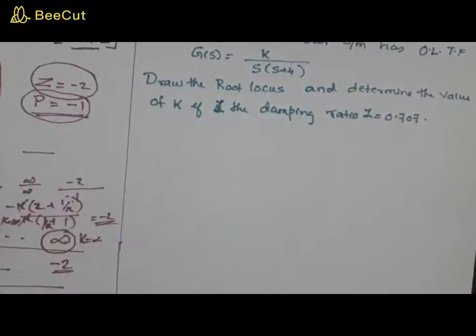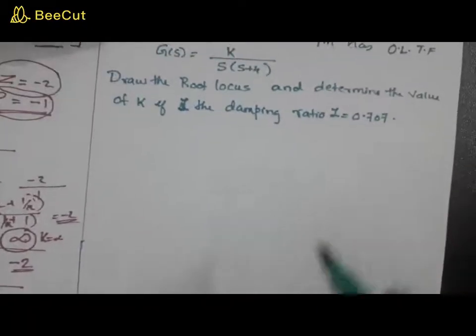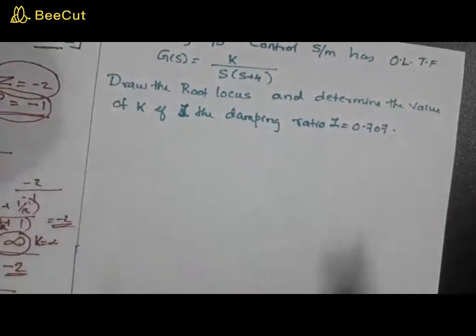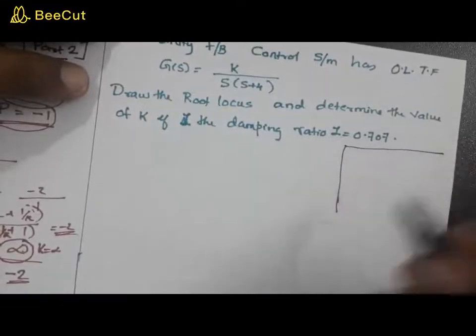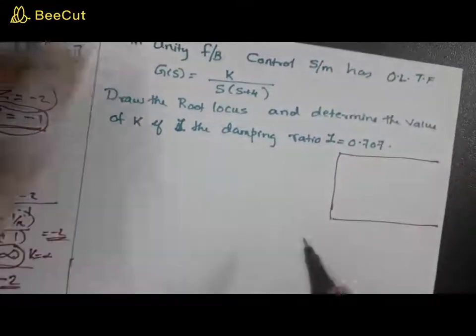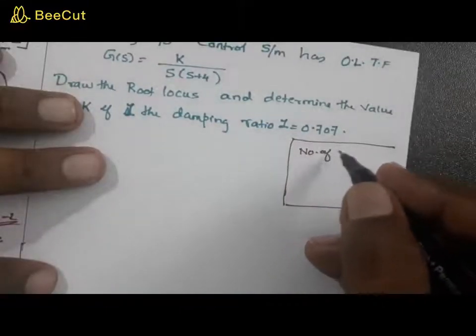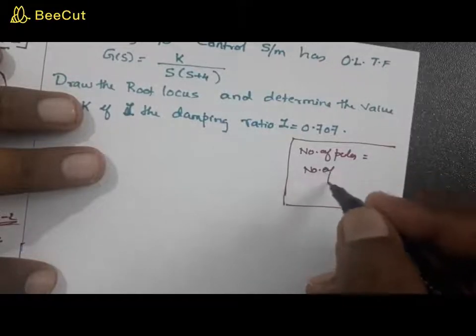In general, for a control system, this is a topic which should be covered earlier, but just listen to this. Normally the number of poles of a system is equal to the number of zeros.